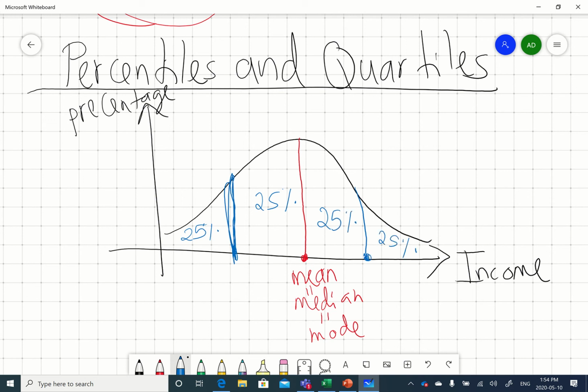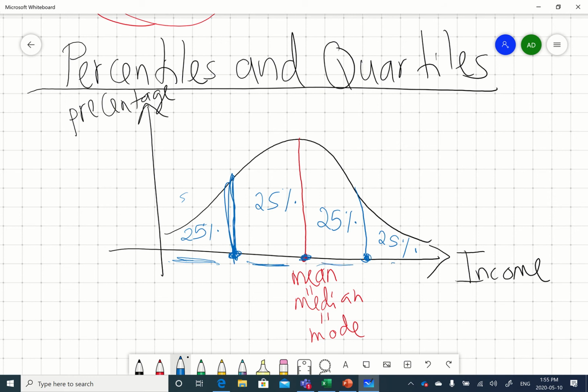So these three points are basically going to divide my data set into four equal pieces, right? If you have 20 data points, each area has 5 data points. In this area you have 5 data points, again in this area 5 data points, and this area 5 data points.